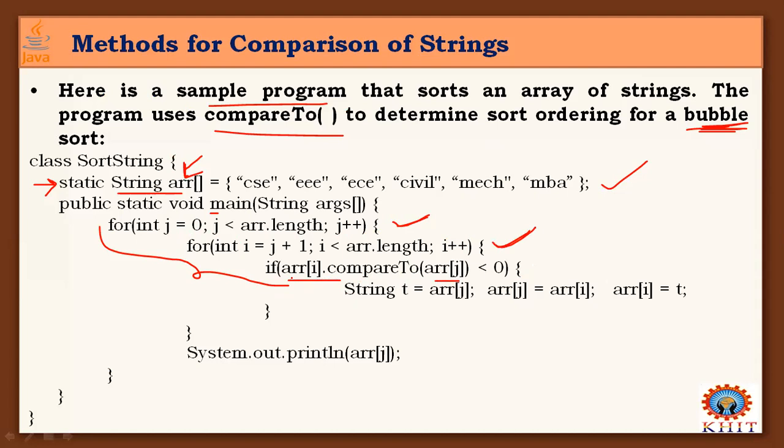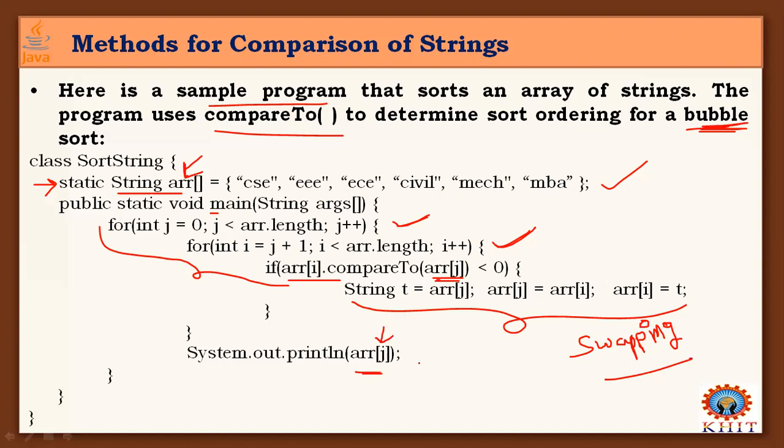Based on the array, side by side elements are compared, and here it is swapping. You already know the swapping process when you sort a given list of elements. Finally, we display the array based on the index j, every time.